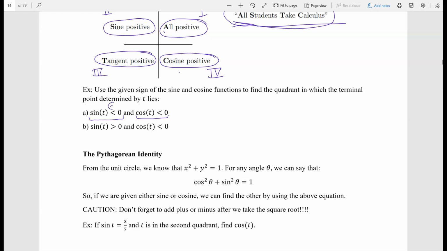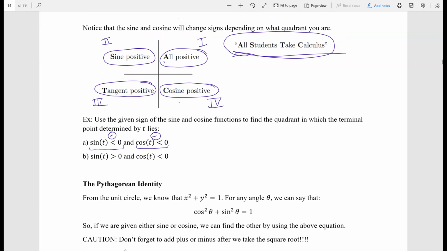So this one is negative and this one is negative. We have to think about where the sine and the cosine are both negative. Here, all of them are positive, so it's not this one. It's not this one, because sine is positive. It must be this one. The only one that's positive is tangent in quadrant 3. Sine and cosine are negative, so this is going to be quadrant 3.